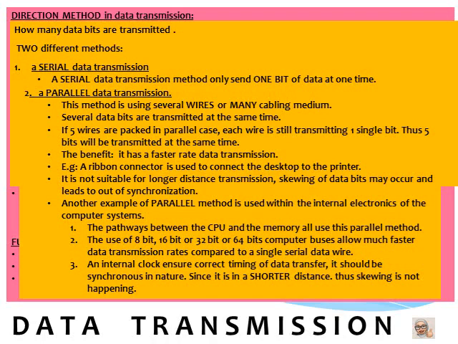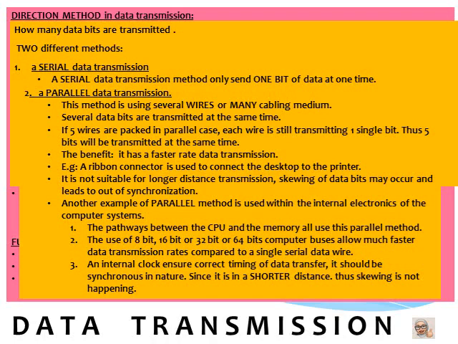However, parallel cabling is not suitable for longer distance transmission. Skewing of data bits may occur and lead to being out of synchronization. Another example of the parallel method is used within the internal electronics of computer systems. First, the pathways between the CPU and the memory all use this parallel transmission method.